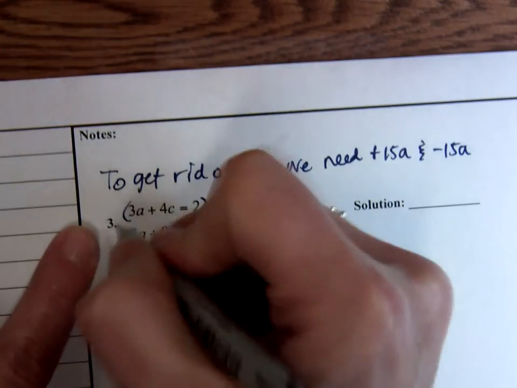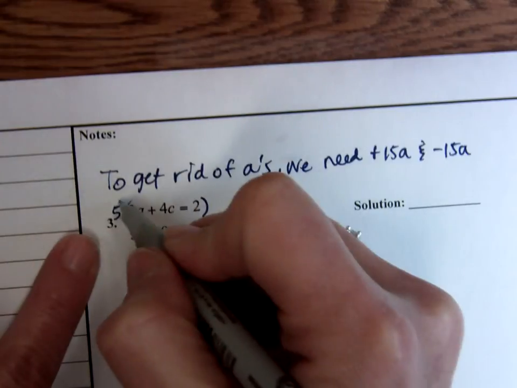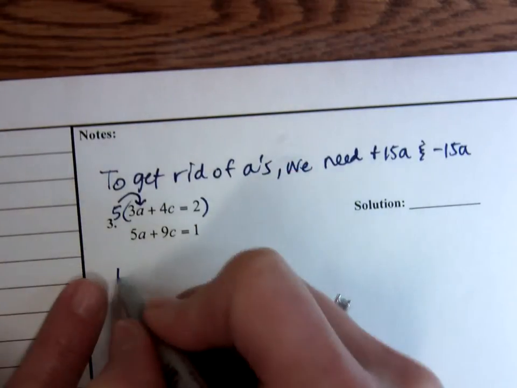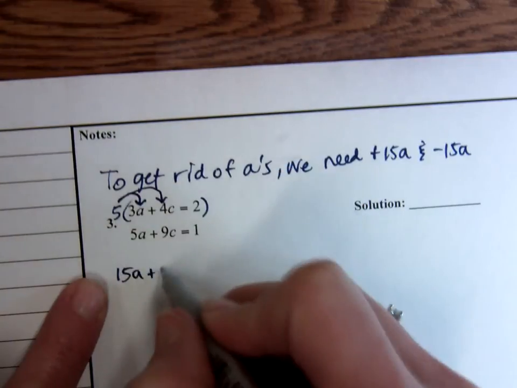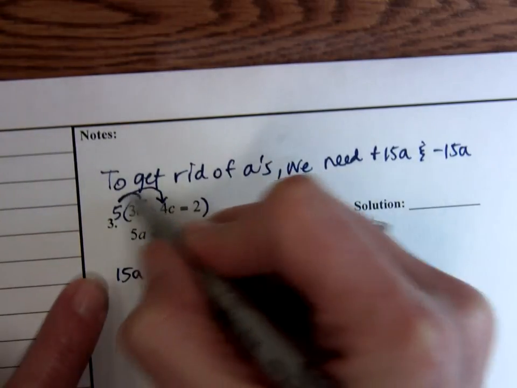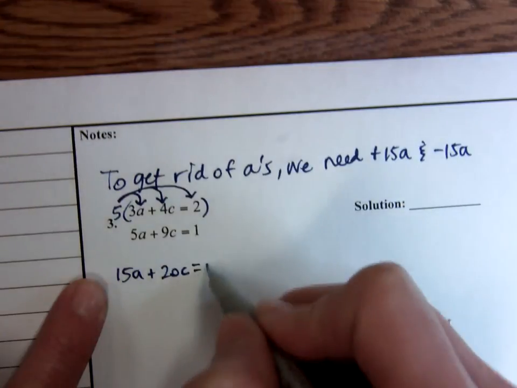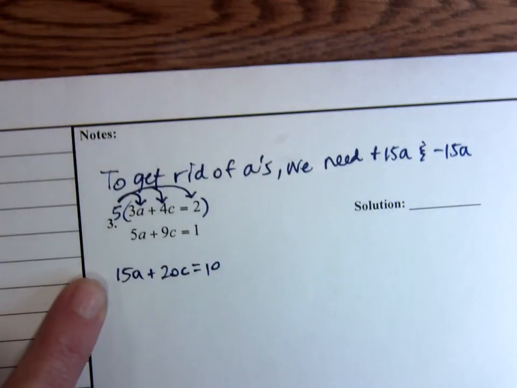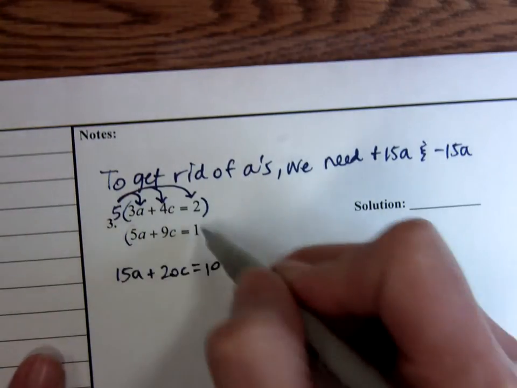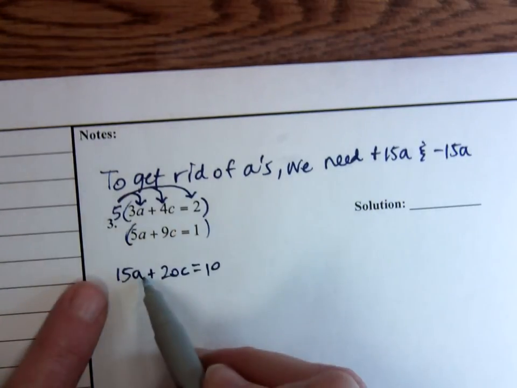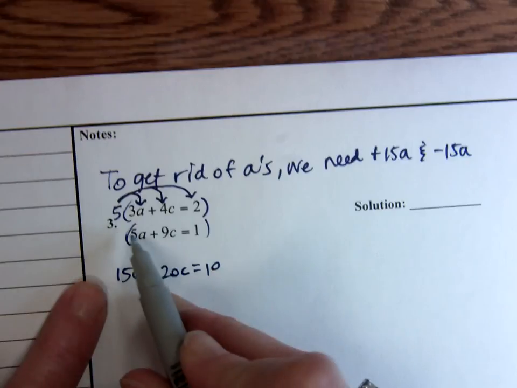So if I want the top one to be a positive 15a, then I would multiply the top equation by 5, yes. So 5 times 3a is 15a. 5 times 4c is 20c. And 5 times 2 is 10. Okay, now let's go ahead and do the bottom equation. Now the bottom equation, since the top one is a positive 15a, we need the bottom one to be a negative 15a.